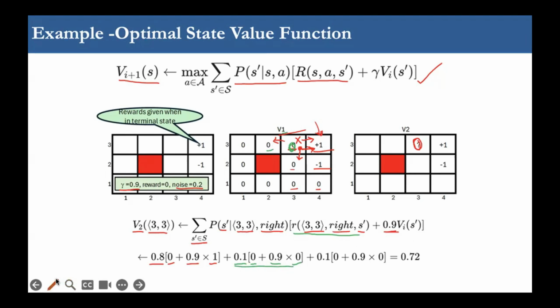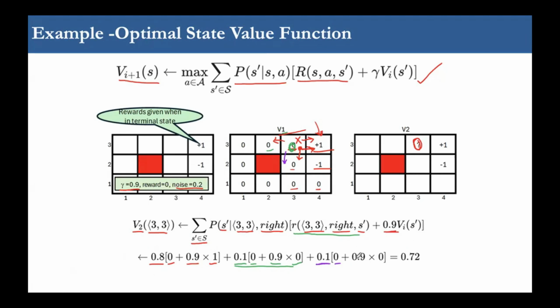And then the next move is a downward move. In this downward move, as I already told you, the noise is divided by 2. So it is 0.1 into 0. How do we get the 0? That is, what is the probability of moving from 3,3 downwards?